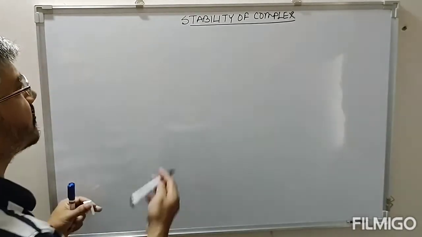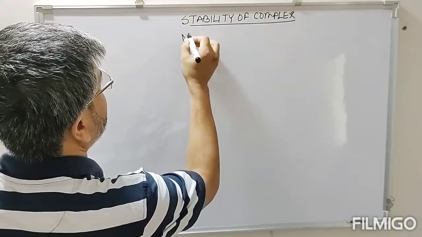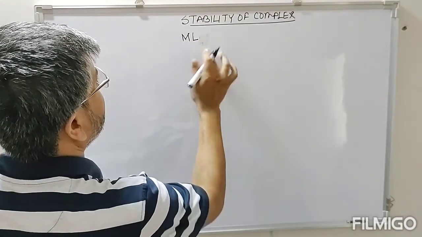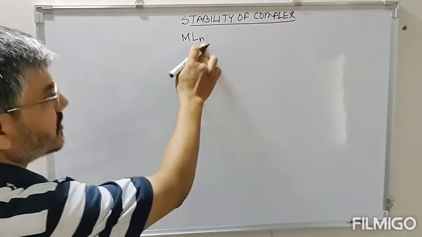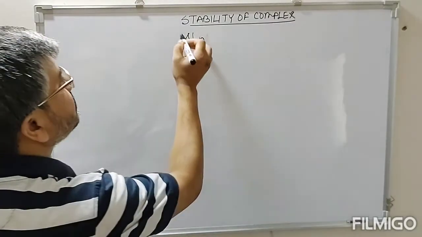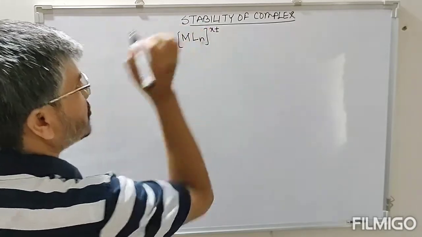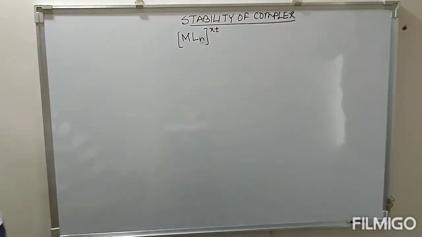So let's start with the formation of this complex MLn, where n is the coordination number. This may be 1, 2, 3, 4, 5, 6, and let this be the charge on this complex.